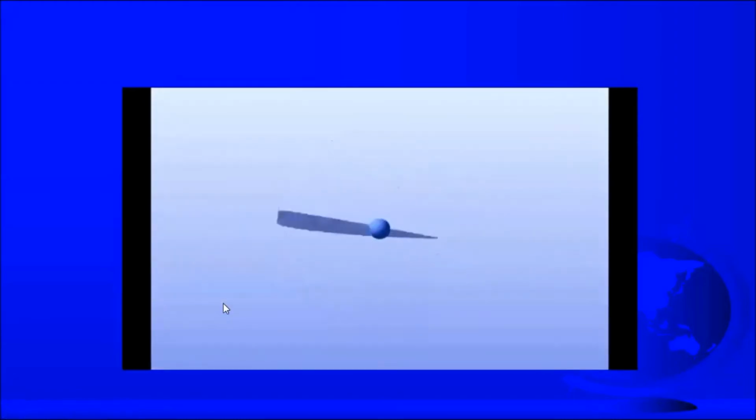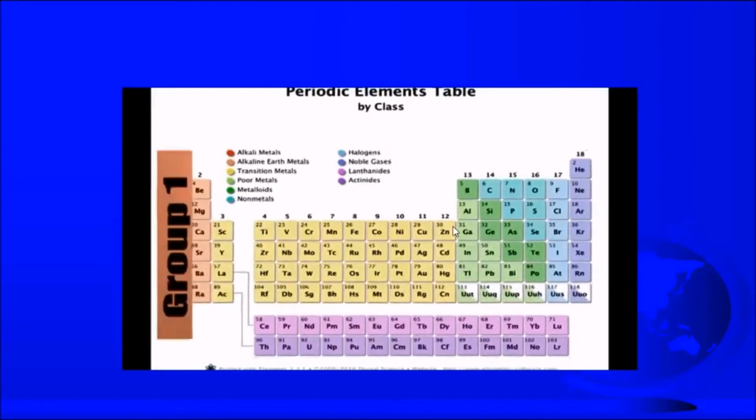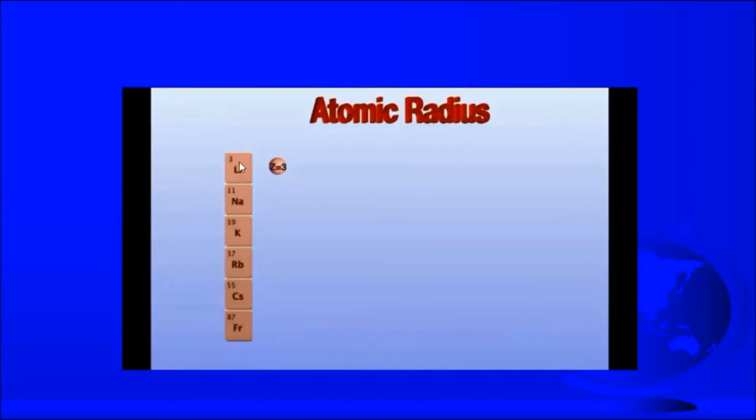Okay, so here's a video that shows you what happens as you go from left to right, and then I'm going to explain it to you. So, atomic radius is the distance between the nucleus and the outermost electron. Down group 1, what happens? Well, lithium only has 2 floors, right?